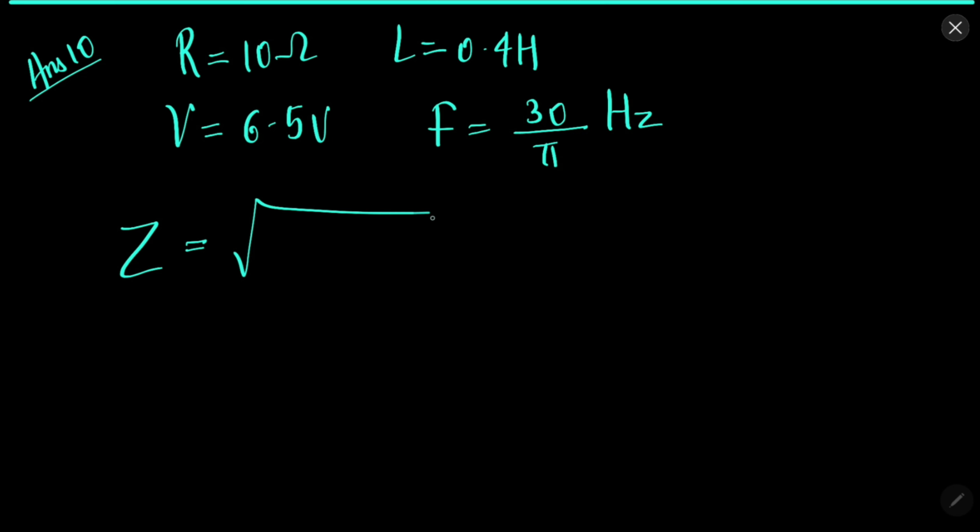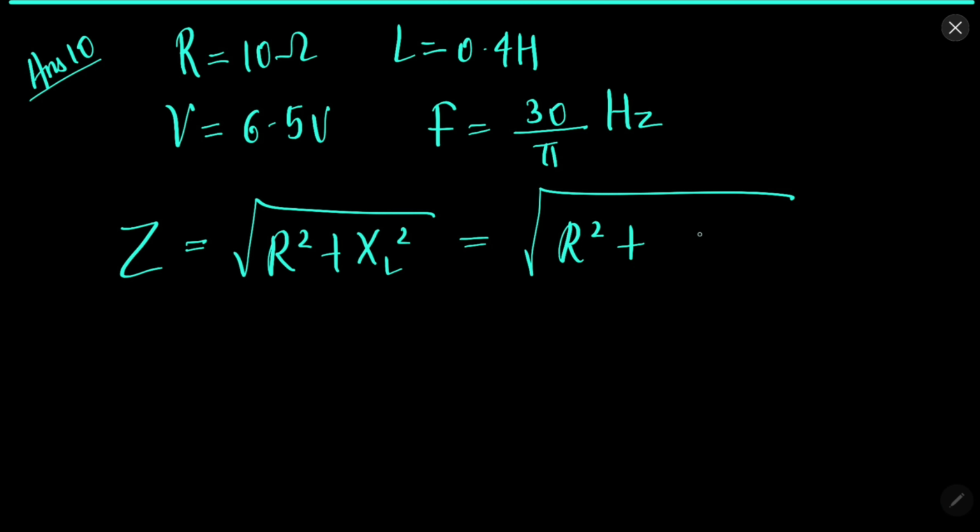Now we can find Z by this formula, root of R square plus omega L whole square, where omega L is 2 pi f into L, and power is Vrms into Irms into cos phi.